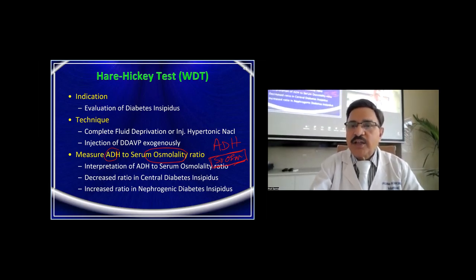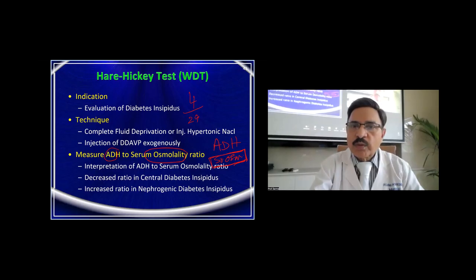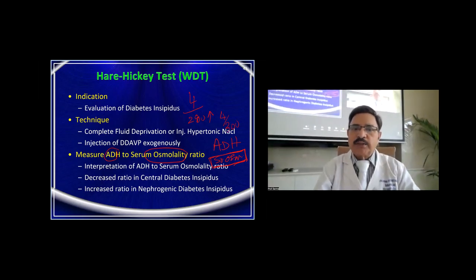Serum osmolarity increases, the ratio will come down. Let us say ADH is 4 units, serum osmolarity 280 is normal. Now if the serum osmolarity has increased because of the test to 290 or 300, then naturally the ratio will become less.